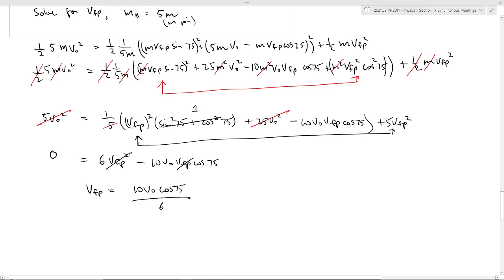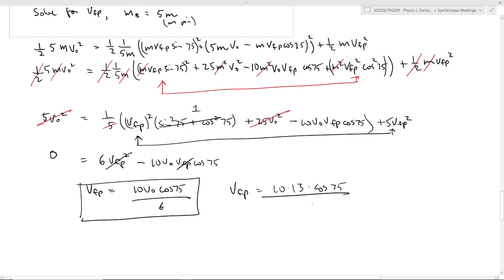So all of that work to boil down to a little expression for the final velocity of the pin, and we can put our numbers in here and find that VFP is going to be 10 times 13 times cosine 75 over 6. We get 5.6 meters per second equals the speed of the pin.